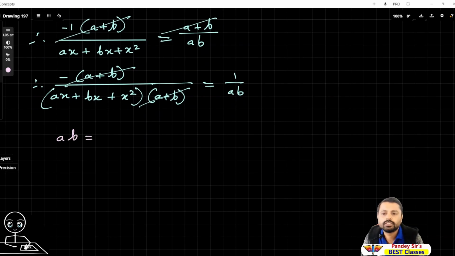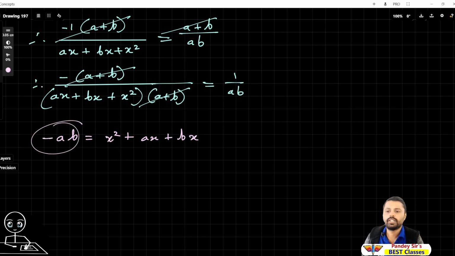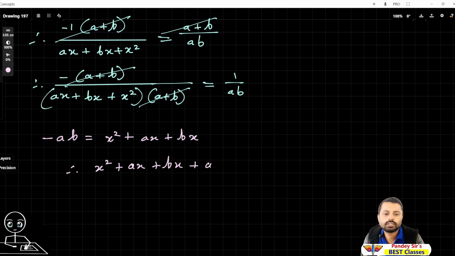So ab equal to x square, I'm first writing x square plus ax plus bx, and this was minus sign, so it should be minus. Now I'll bring this ab to that side and it will become x square plus ax plus bx plus ab.